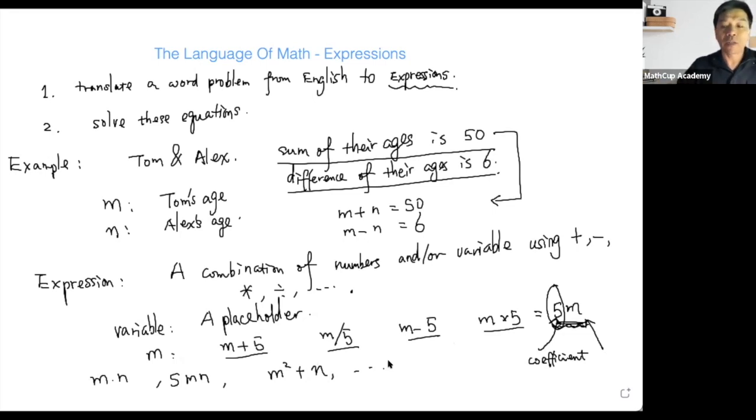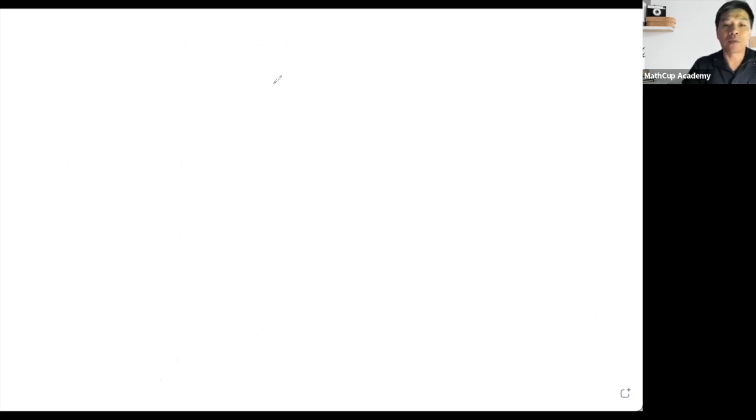So when we have expressions with variables, we can talk about evaluating an expression. Let's say one expression is x squared plus 5. You can try to convert the math into English.